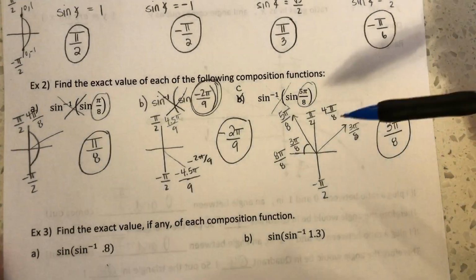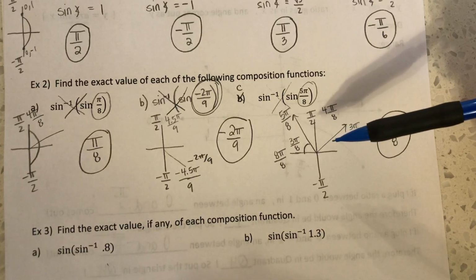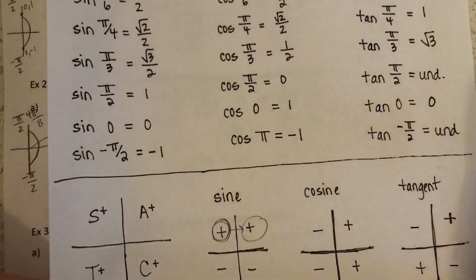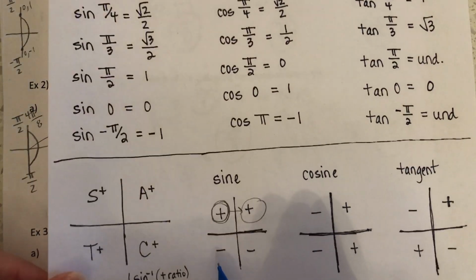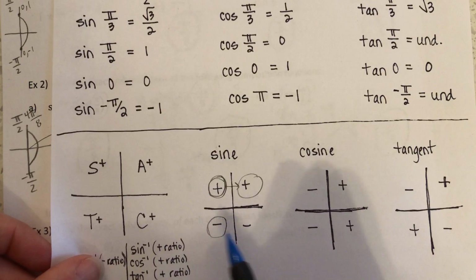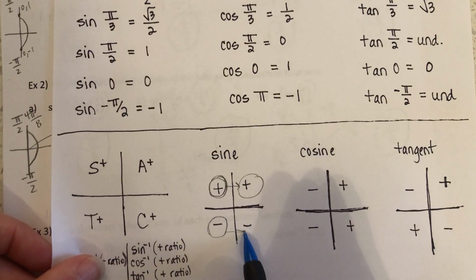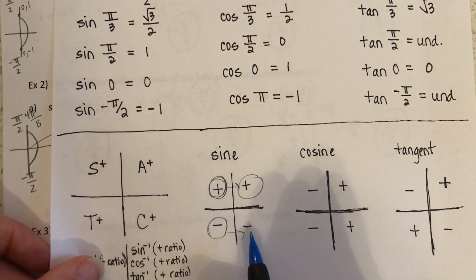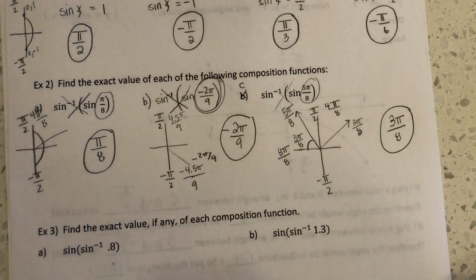And again, those are the hardest ones because those are the ones where they're trying to trick you. So if it had been an angle that landed in quadrant 3, well, the inverse sine can't spit out quadrant 3 angles, but its equivalent angle, a negative ratio, would have been in quadrant 4. So you would have converted this one into a quadrant 4 angle that it would have been capable of spitting out.